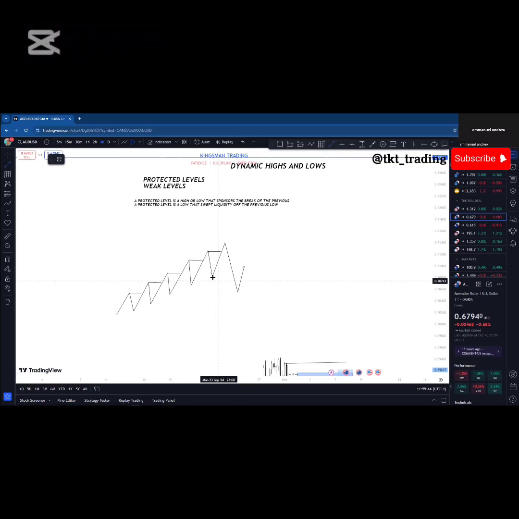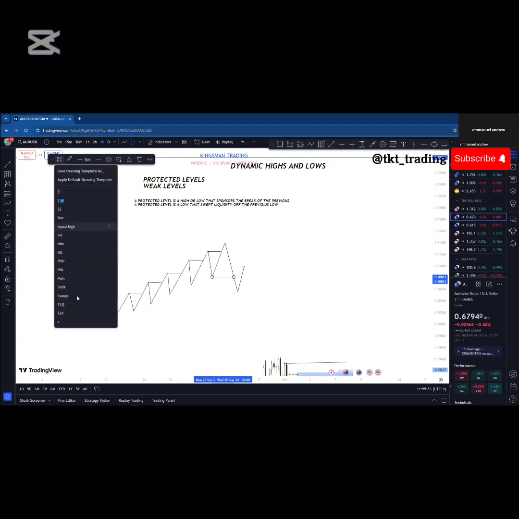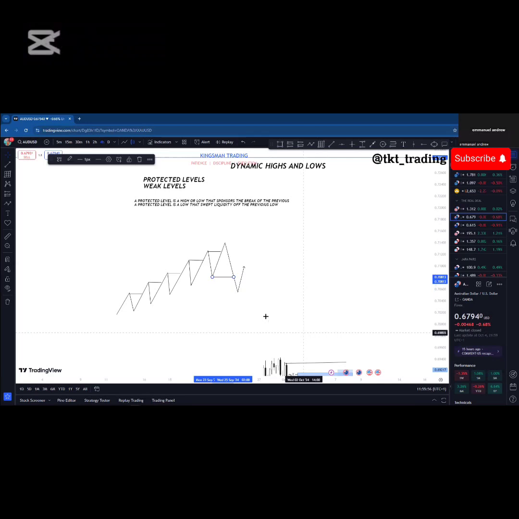There is a shift in structure. Let me highlight this shift. Until we get to a point whereby there is a shift of structure. Now, this level was previously a protected level, because it sponsors the breakout of this high here.